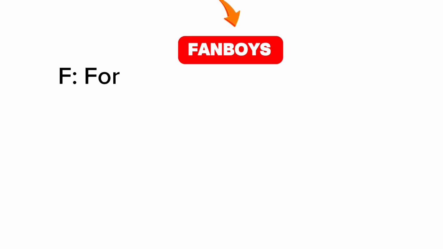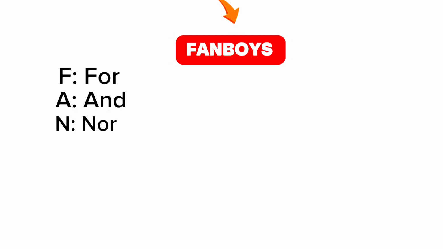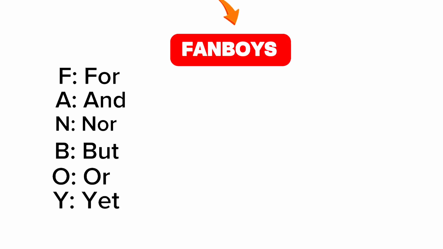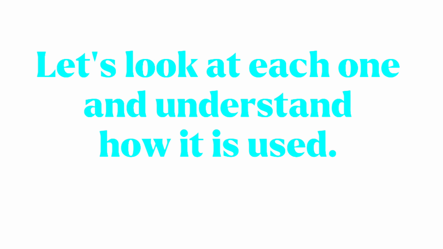F for, A and, N nor, B but, O or, Y yet, S so. Let's look at each one and understand how it is used.